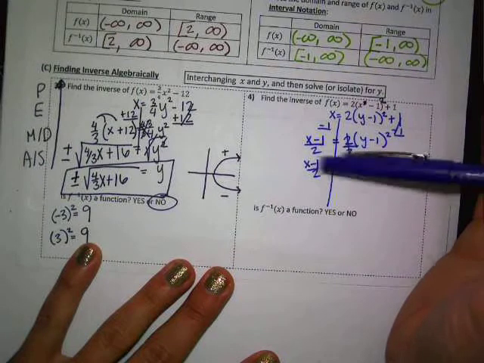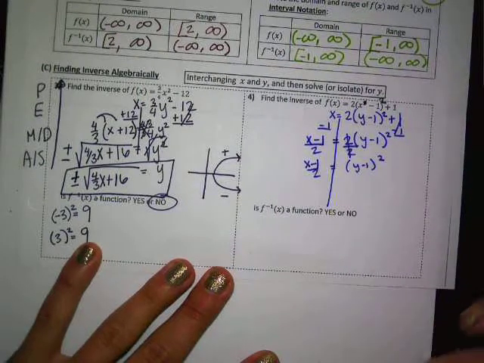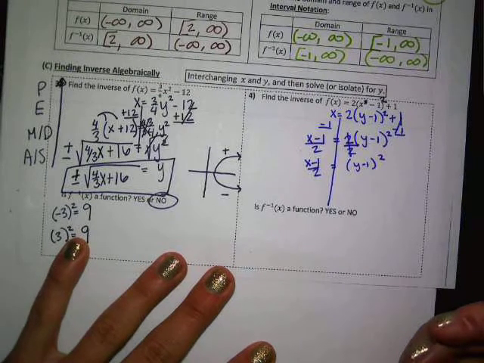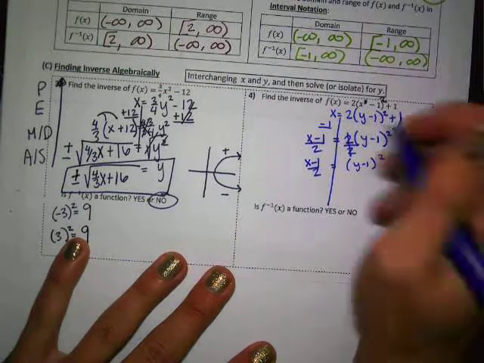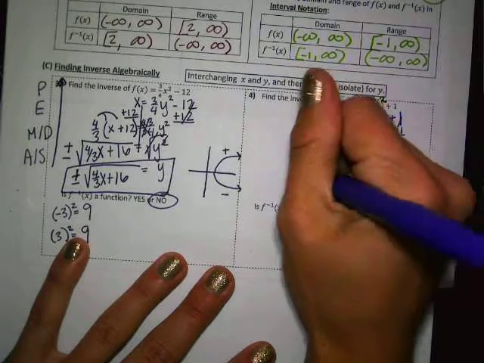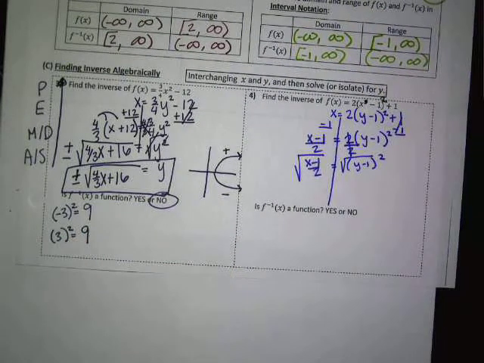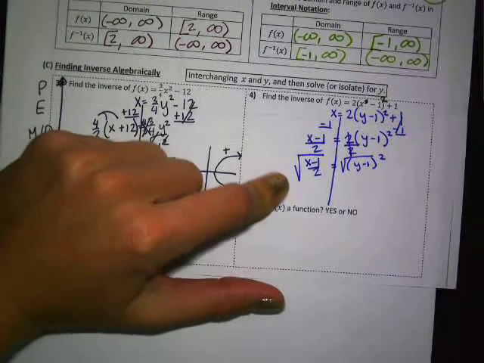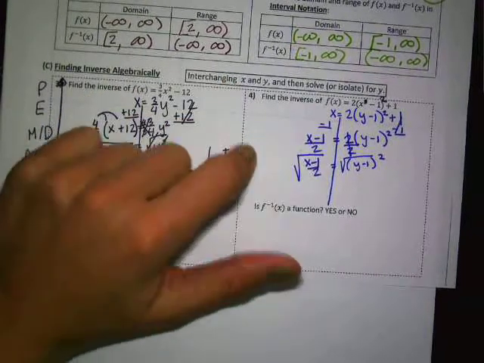See, Evelyn, what's next? Square root? Yep, square root. When you're square rooting, make sure your square root goes over everything. So it needs to go all the way down for your fraction, all the way back up, and then over it. Make sure your square root is big enough.